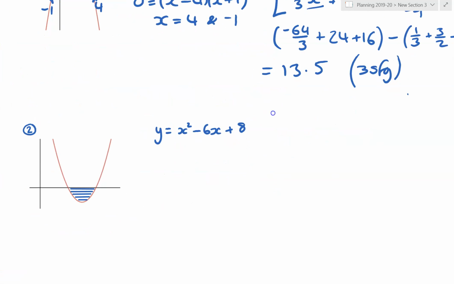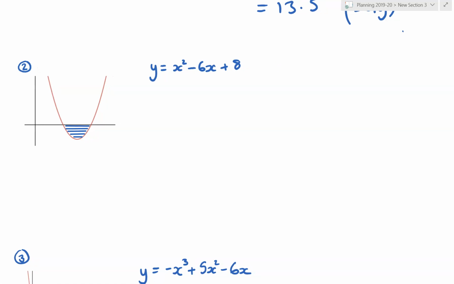Take you on to the second one. Looks very, very similar here in the sense that it's a quadratic, but this time our area is below the axis, which means we are going to get a negative number. So, same process. Find the 2 points of intersection with the x-axis. So solve the quadratic.